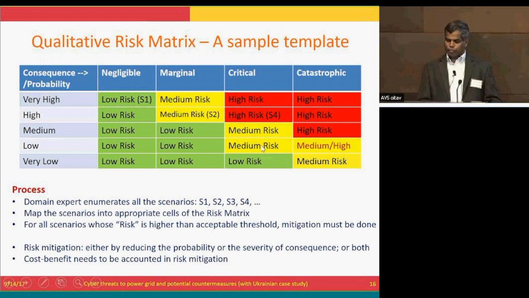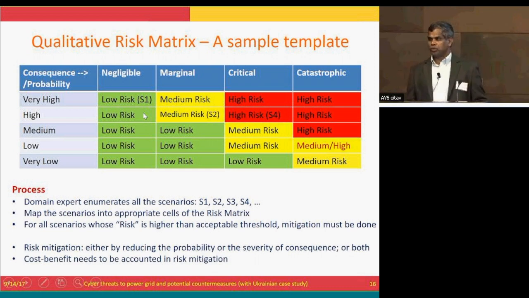If you want to bring it down in the y-axis, essentially what we are doing is reducing the probability. To reduce the probability, we may add defense in depth or additional layers of security. Or we could move it in the x-axis, making the impact go from critical to marginal or even negligible.